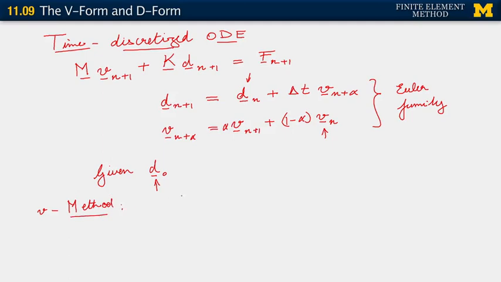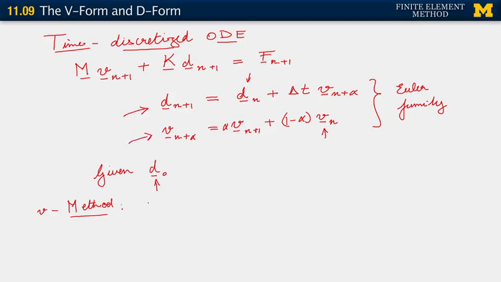In order to apply the V method, and actually to apply the other method as well, we go back and look at this form of the problem, look at these two equations, and do the following.